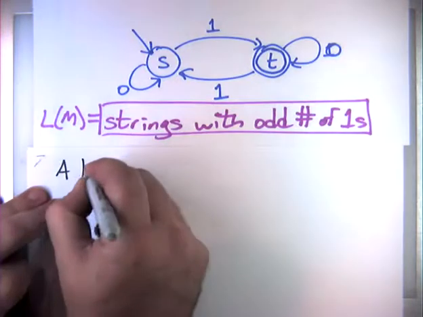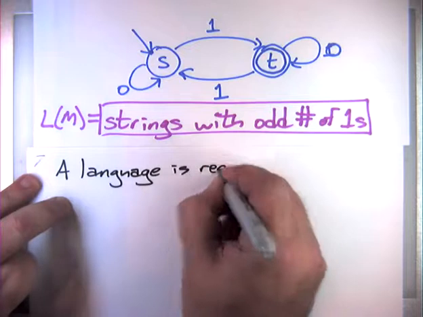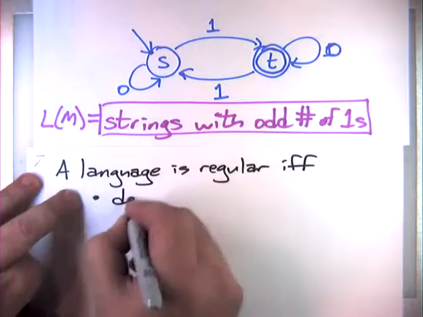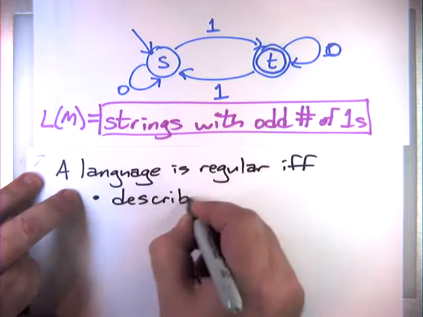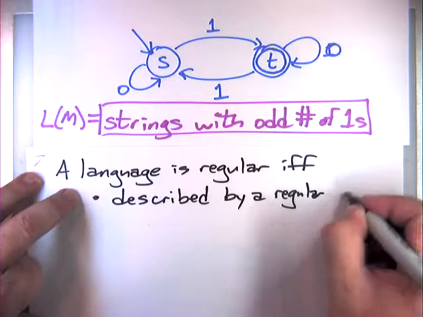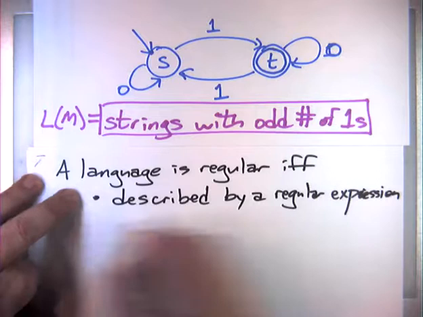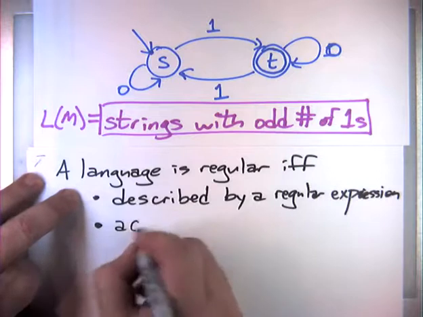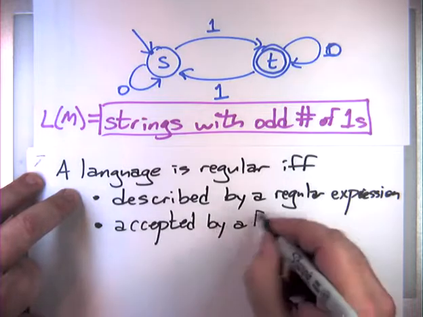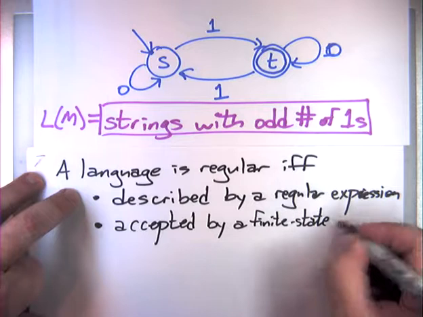So a language is regular if and only if it can be described by a regular expression or it is accepted by a finite state automaton.